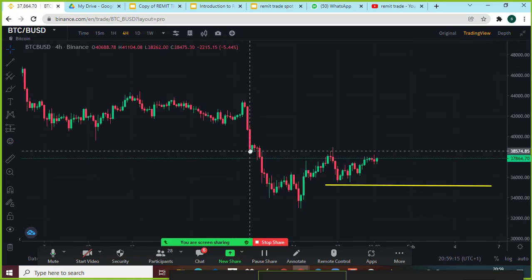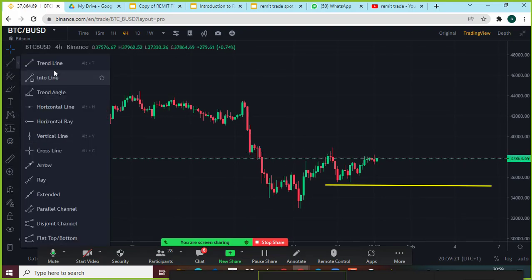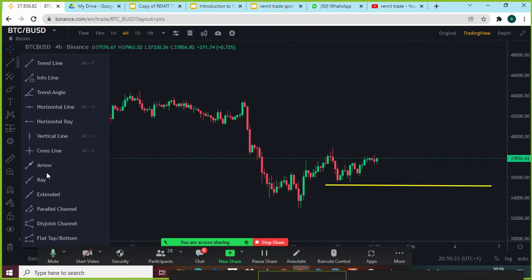Secondly, your tools. You have a lot of tools here. I can't go into talking about each of these tools, but these are tools that will help you do your technicals very well. If you watch my video on YouTube, you know we use most of these tools often, and you have to use them as well as a trader or technical analyst.